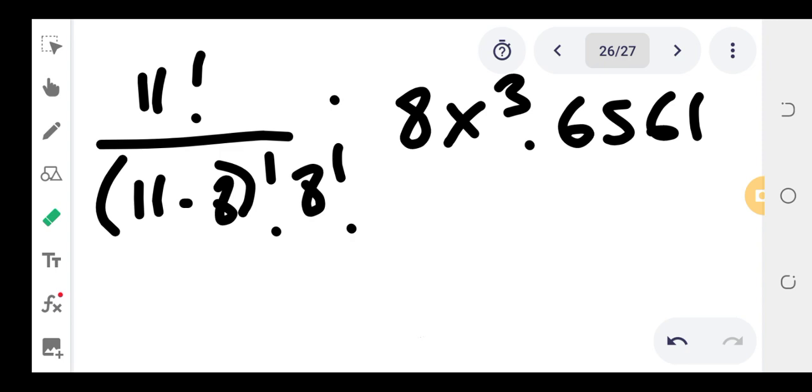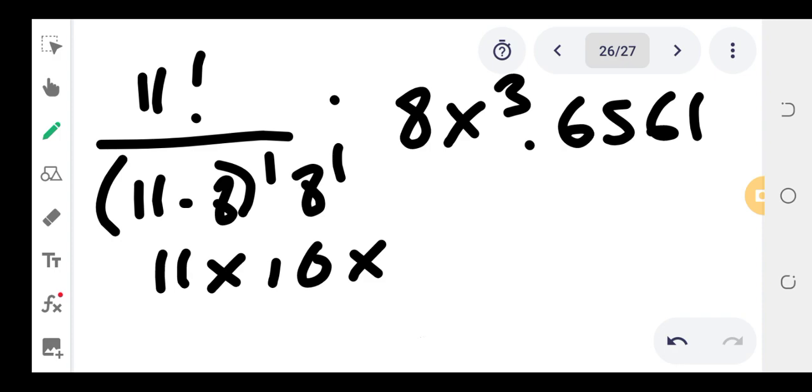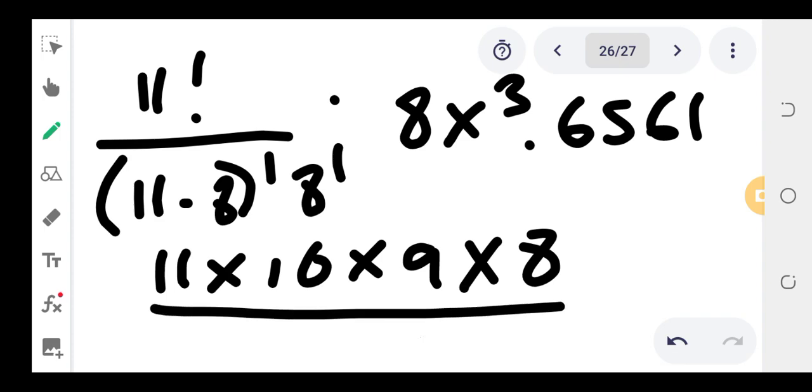So after that, 11 factorial is just the same as 11 times 10 times 9 times 8 factorial, divided by 8 factorial. Let me use this to simplify 11 factorial. Then I've got 3 factorial, because 11 minus 8 is just 3 factorial.